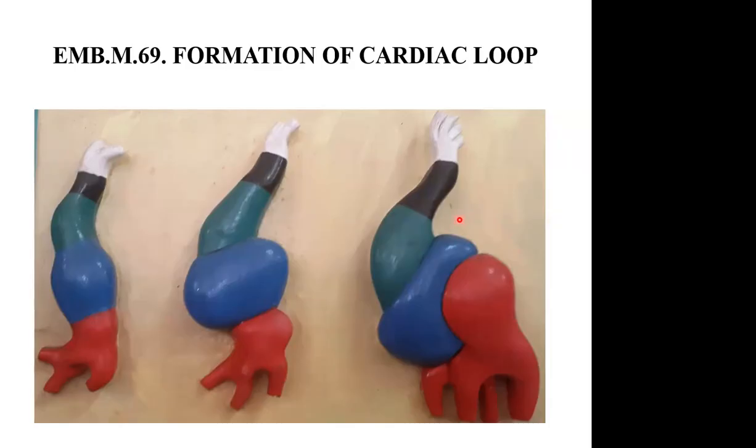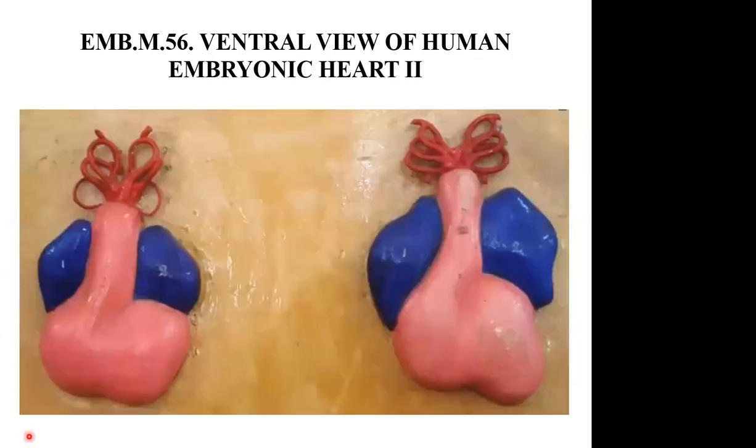Please try to understand this. And the final position of the developing heart you are seeing here. Try to understand how this ventricular part comes to the ventral aspect, and how the atrial part goes to the posterior aspect.